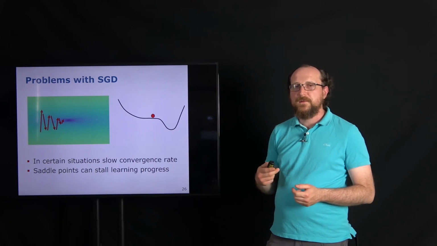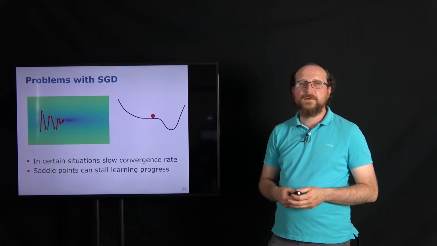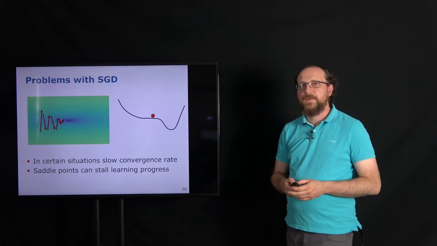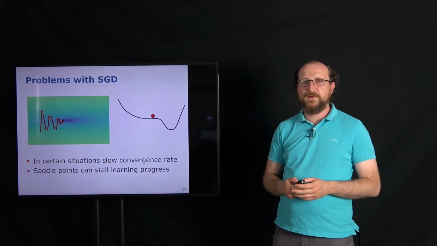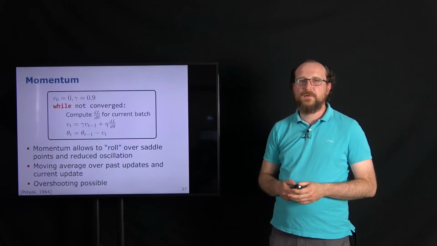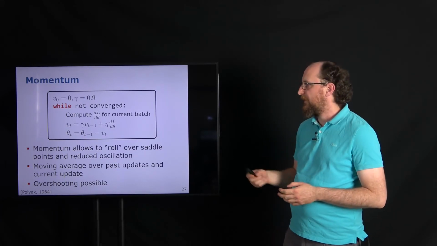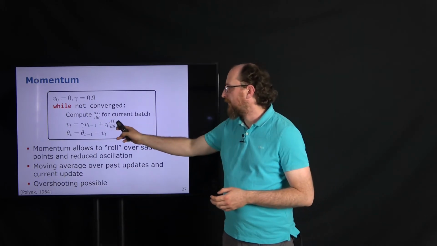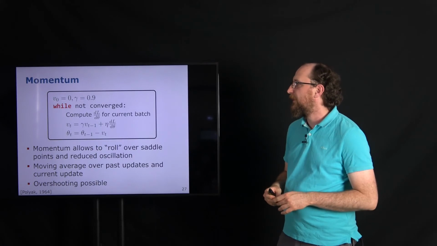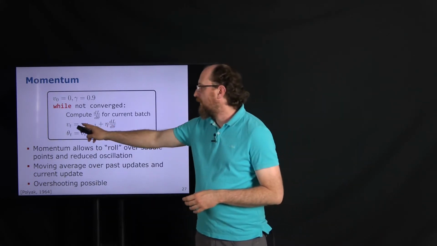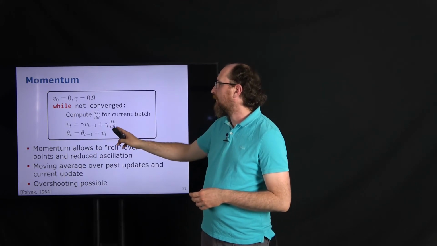And we are now talking about how to improve stochastic gradient descent to make faster progress in the end. And the first idea that people introduced was the so-called momentum idea. So for the momentum, we are just accumulating the past updates with a weighted mean of the last update that we did, and sum up the gradient that we compute at that point in time.